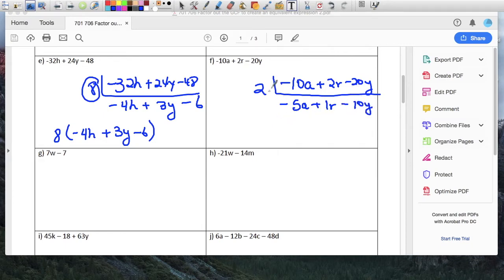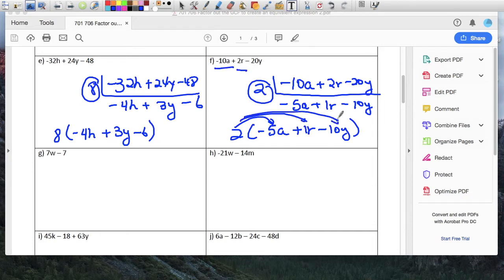We cannot continue, so this is finished. So it's 2 times -5a plus 1r, or just r, minus 10y. So if you check, 2 times 5 is 10, -10. 2 times 1r is 2r, and 2 times 10 is 20. So this is a check.